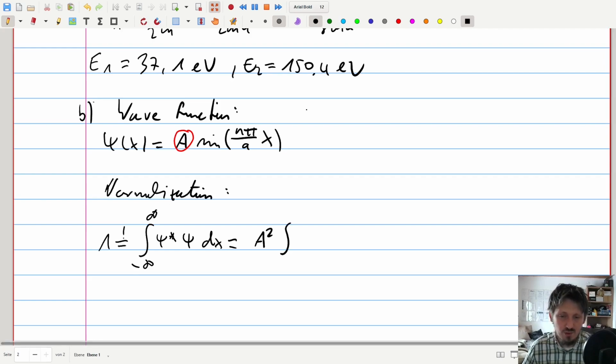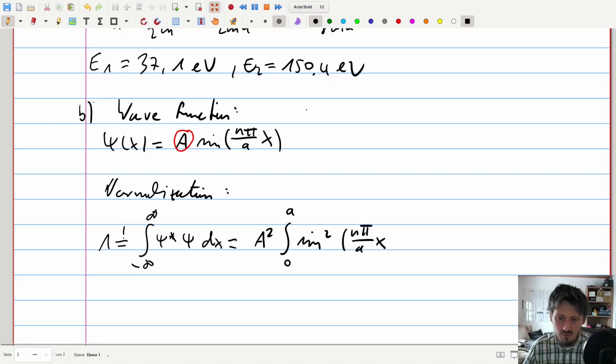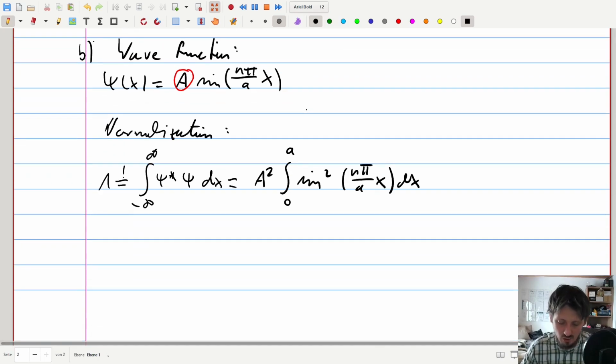Minus infinity to infinity would be a stupidity in this case, because we only have to integrate within our potential well from 0 to a. And then we have to insert our sine square from our wave function, n pi divided by a x dx. And this integral now we have to actually solve.